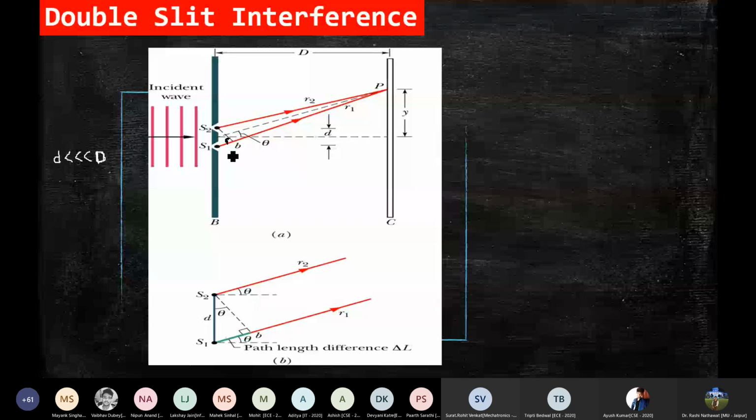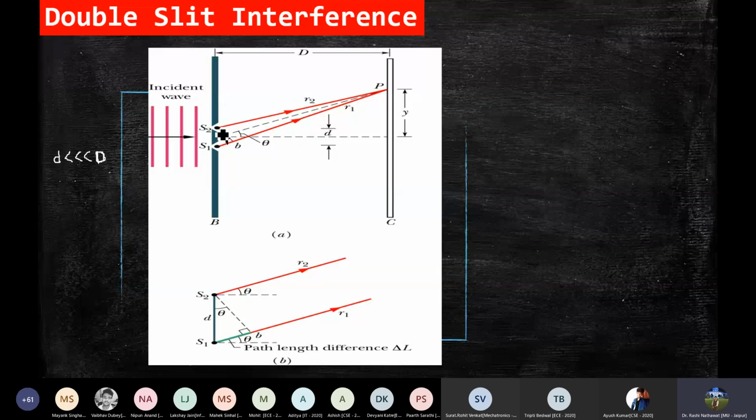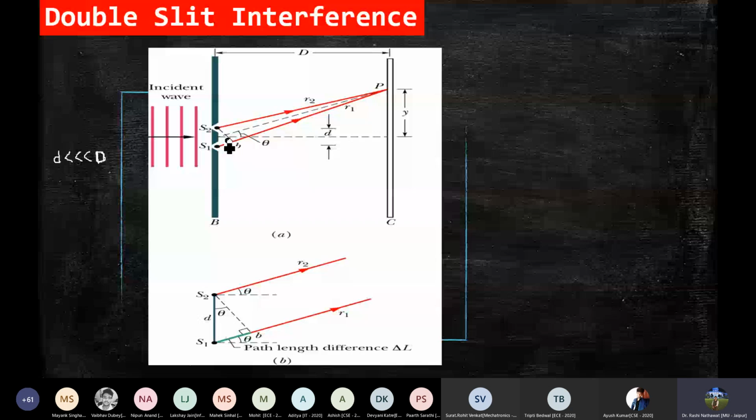If we draw a perpendicular from S2 to B, this is a right angle triangle, so this will be 90 degrees, and we can assume this angle is theta.